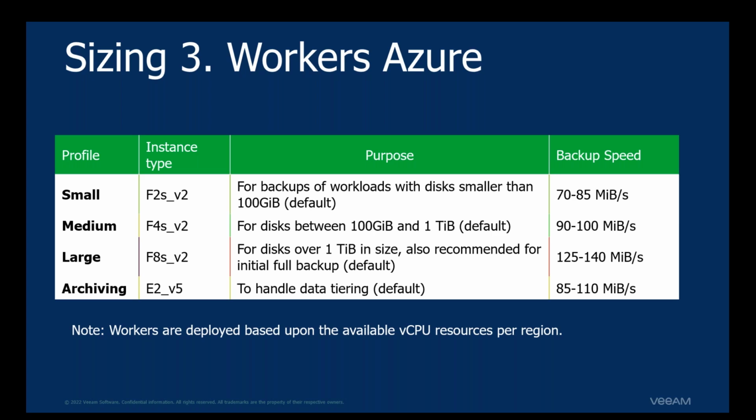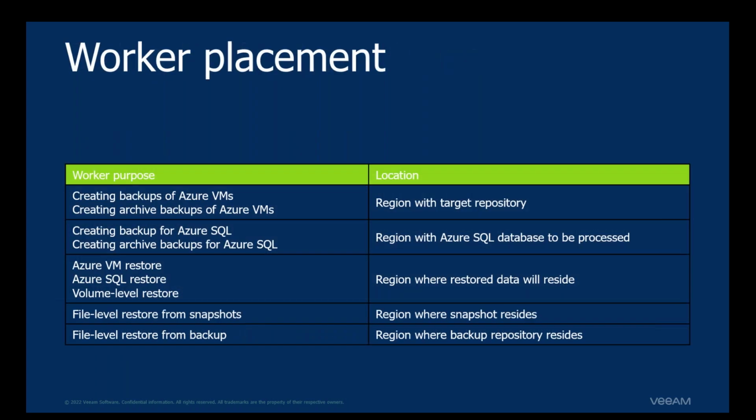Now, for the actual worker placement, first of all, the worker leverages an Ubuntu image and also Veeam Backup for Azure binaries downloaded from the dedicated storage account. And it's deployed in the same resource group and subscription as the Veeam Backup for Azure solution.